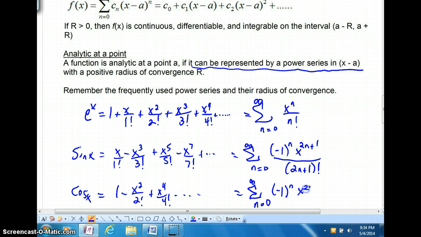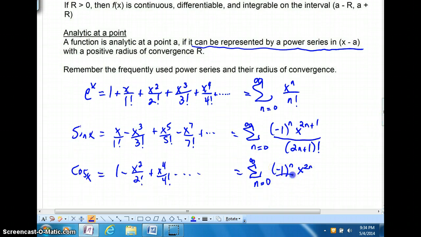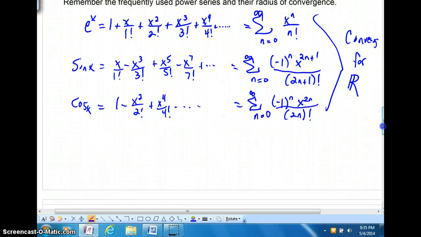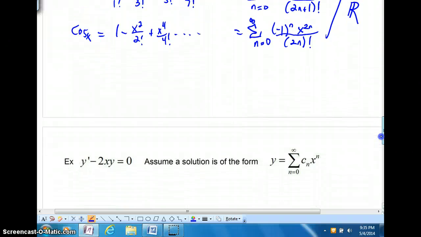And a way to nicely write this exponent would just be 2n. We're going to divide by 2n factorial. And all of these converge for all reals. It would be an infinite radius of convergence. That's the wonderful part of those very special 3.